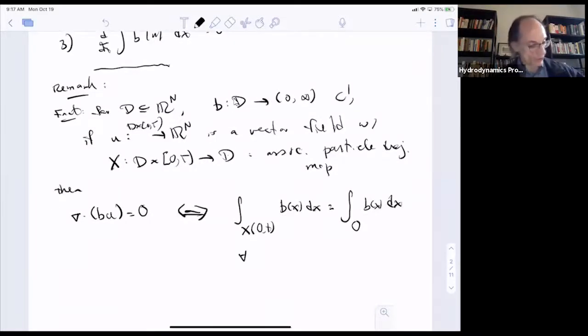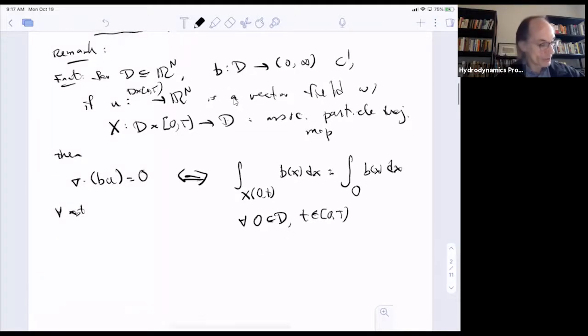This is for all x and t, and for all O subset of D and t in [0, T], where X of O and t is just the image.